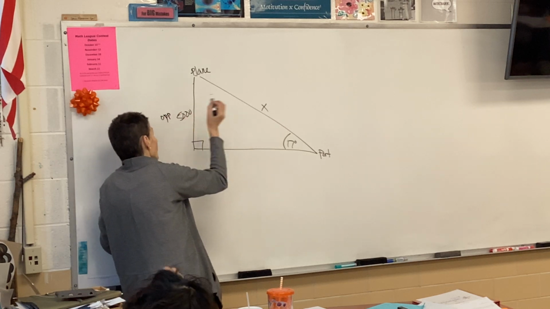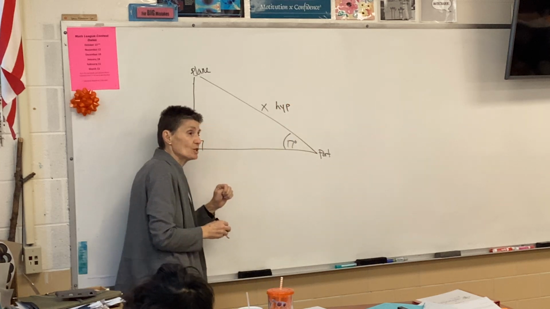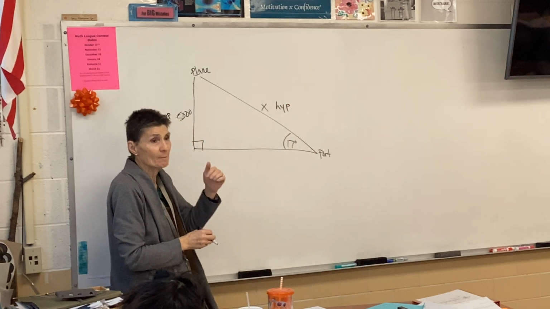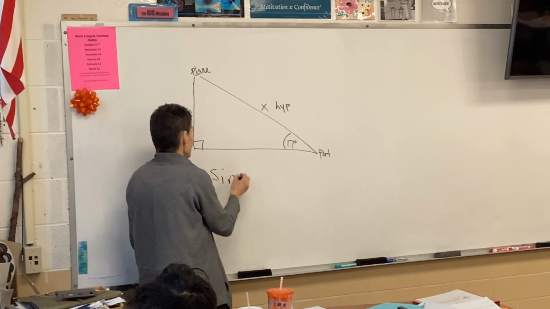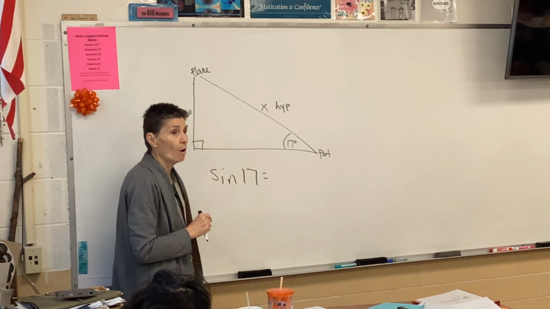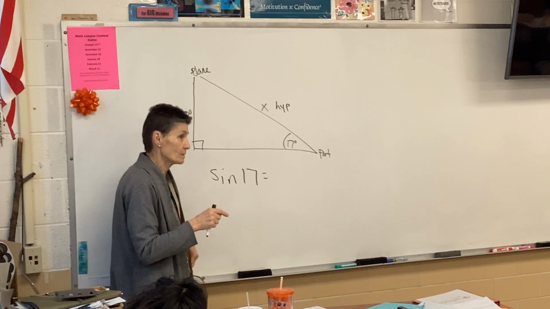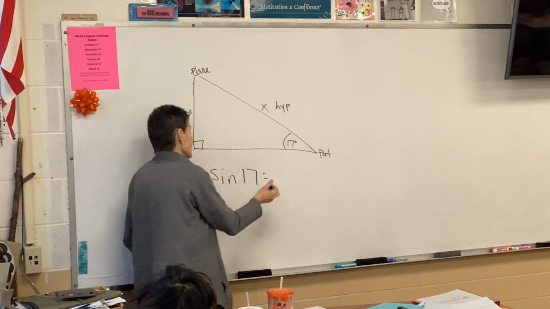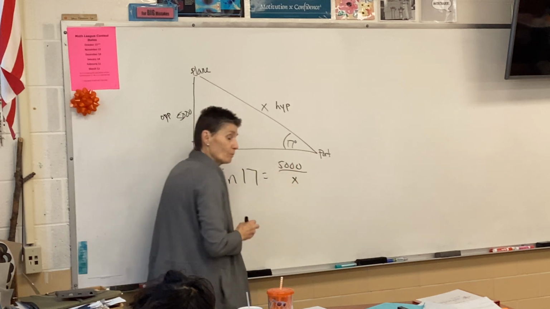Which side is this? Hypotenuse. Sine, cosine, or tangent uses opposite and hypotenuse. Sine. So sine 17, remember, the angle always goes with the sine, or the cosine, or the tangent. So sine 17 equals opposite over hypotenuse.